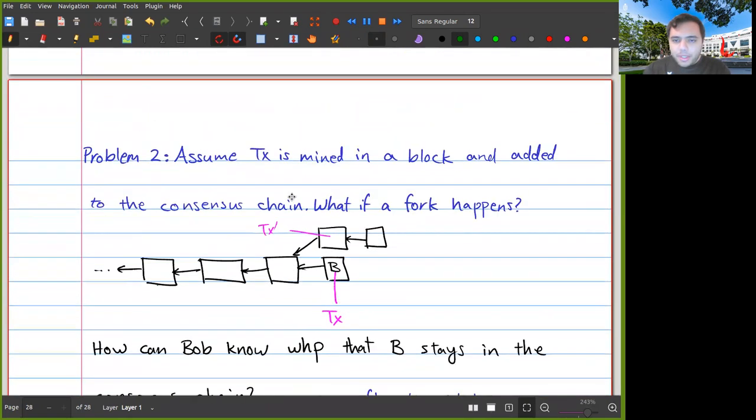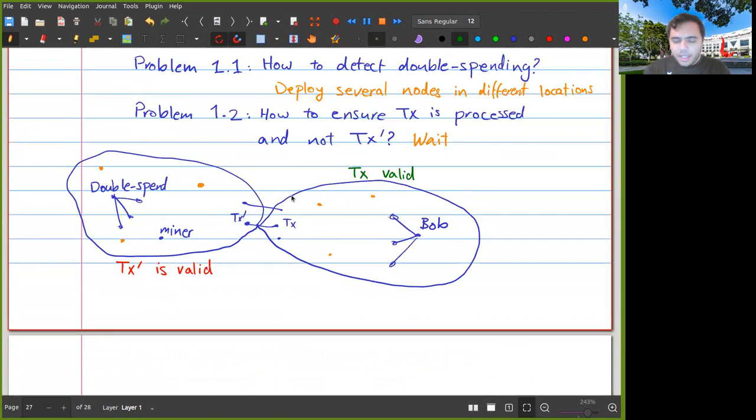Okay, but there's also another way that Bob can defend against such attacks. Well, we talked here about how Bob can detect them, right? So if Bob has a good enough detection mechanism, if Bob has a good distribution of nodes around the network, then Bob can see the double spend.